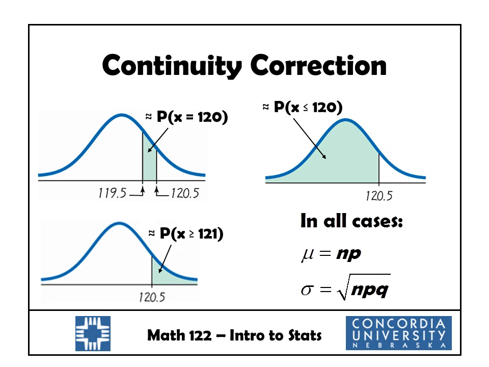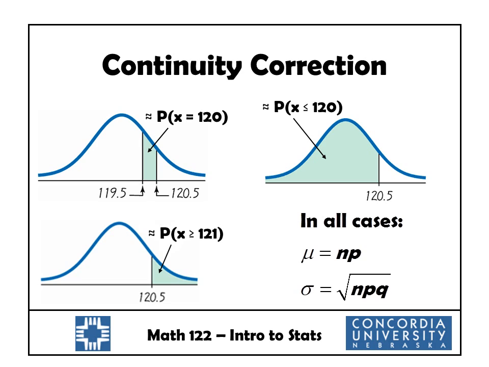Alright, the last topic here comes from section 6.6, and that's where we approximated the binomial distribution with the normal distribution. And the idea here is that we approximate those binomial probabilities by finding appropriate areas underneath a bell curve.